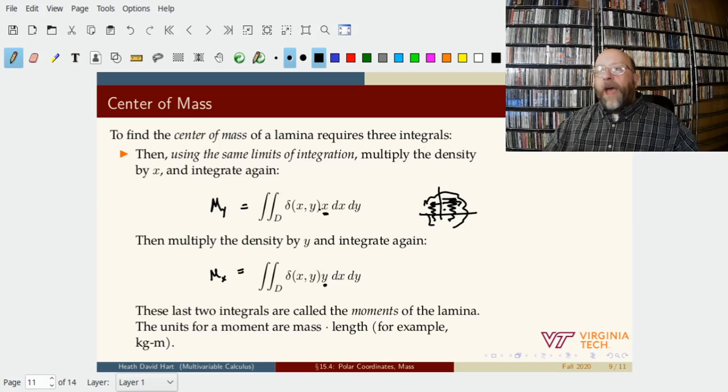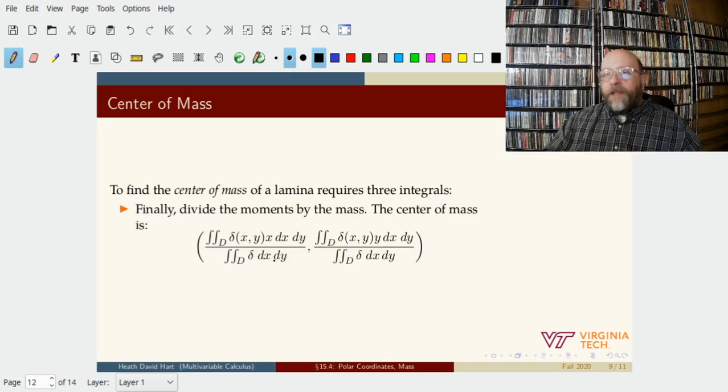We have to multiply by x to get a moment. We have to multiply by y to get a moment. Okay? And then we divide those moments. And again, on the left-hand side, we have My. On the right-hand side, we have Mx. Those names are a little bit unusual. Divided by the mass.